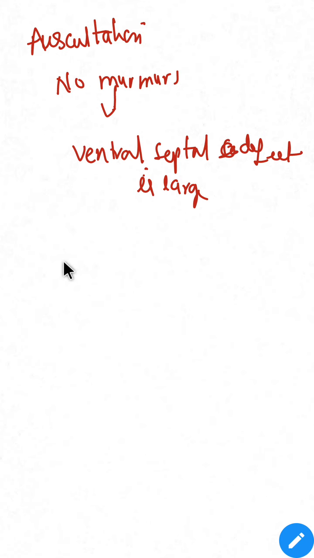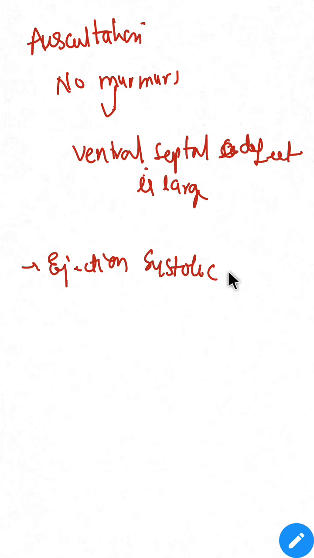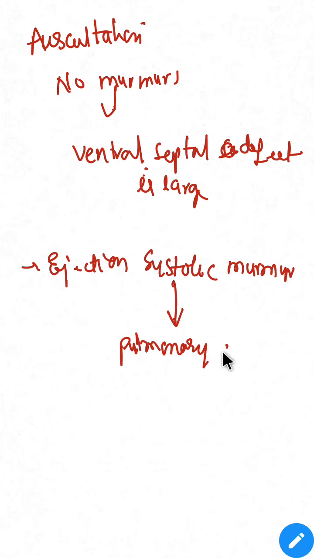There will be ejection systolic murmurs. These ejection systolic murmurs are seen in the pulmonary area, and this is because of pulmonary stenosis.